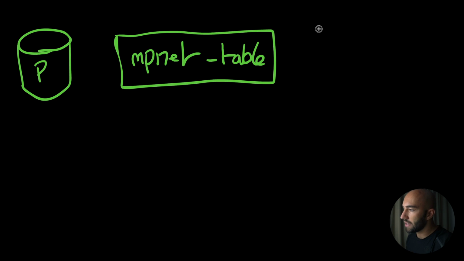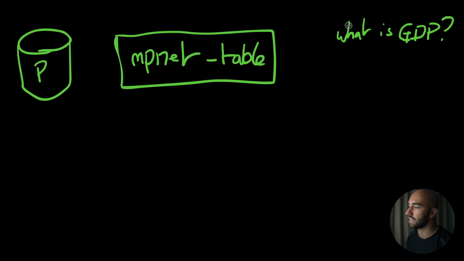Now, what's going to happen is we're going to ask a question like the question I mentioned before. So something like, what is GDP across certain conditions? We're going to take that, and it's going to go into this retrieval model, which is our MPNet table retrieval model, and it's going to encode that text into a vector.